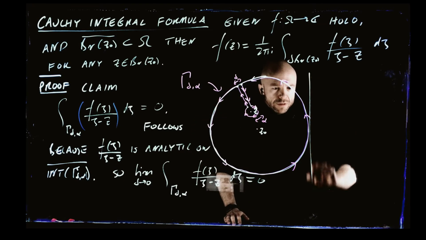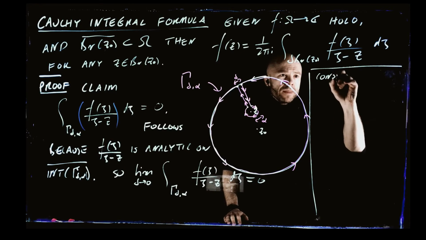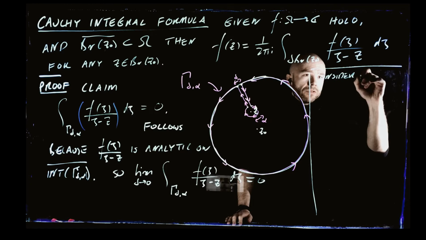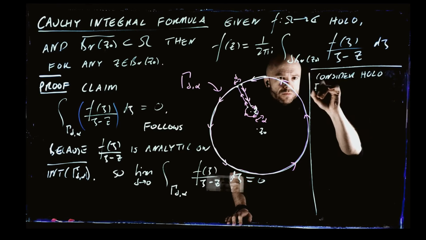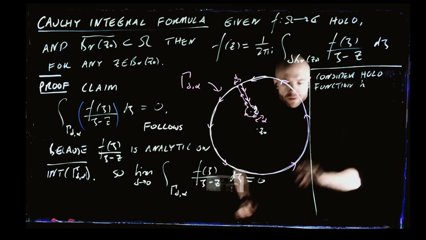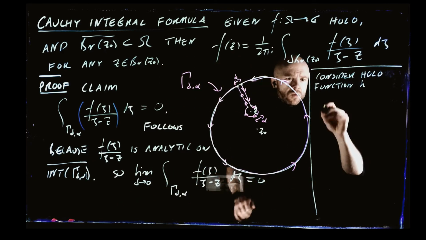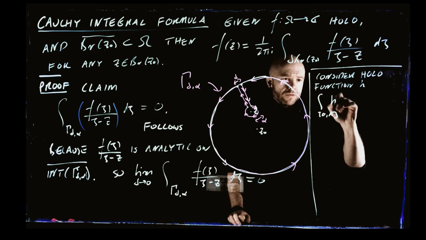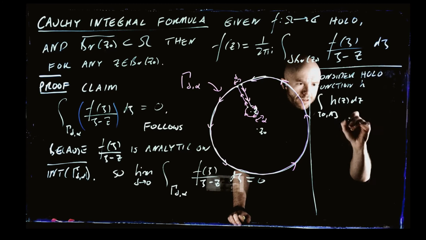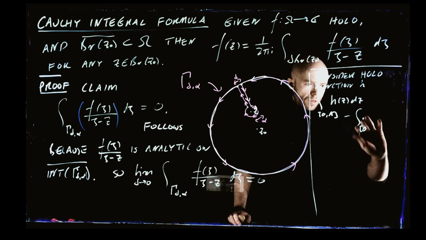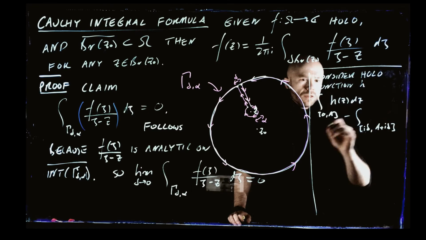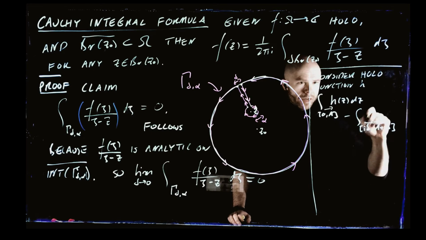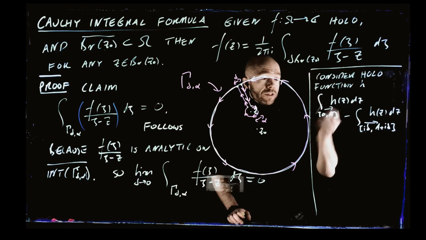So consider a holomorphic function h, where we take the integral from 0 to some a of h(z) dz, minus the integral from i times delta to a plus i times delta, going in this direction, of h(z) dz. Consider that.